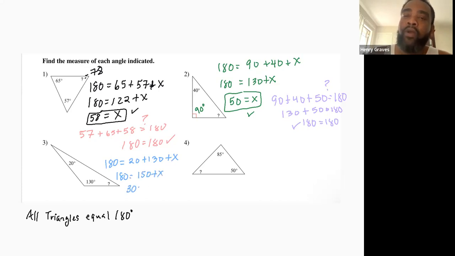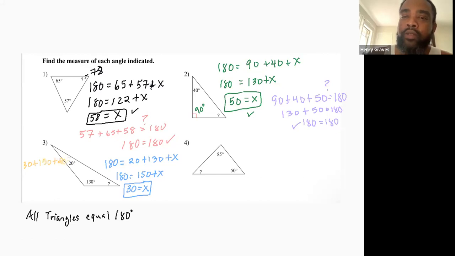I have to check my work in a different color. So I'm going to check my work by doing 30 plus 150 plus 20 should equal 180 with a question mark.